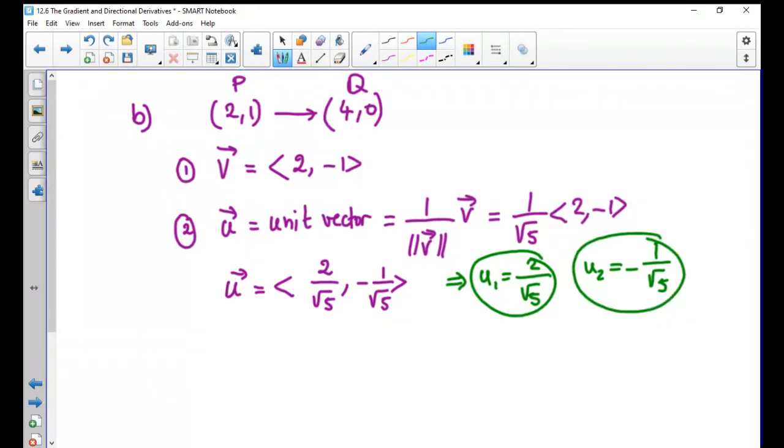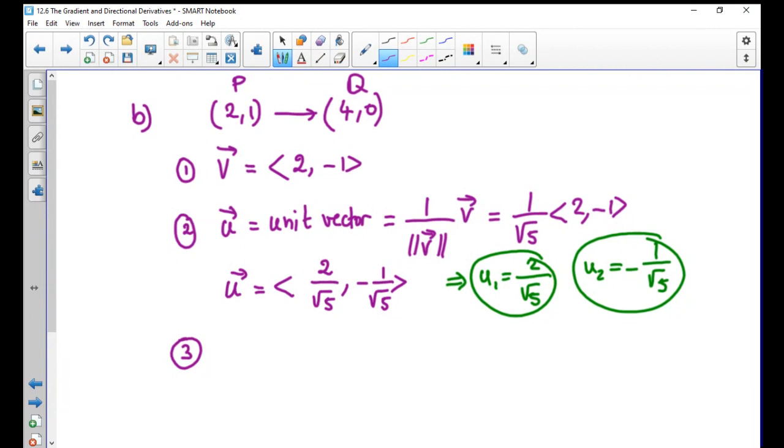Okay. Now, what do we need to do after this? Remember the formula, the rule? You need four things to calculate the directional derivative, Du.